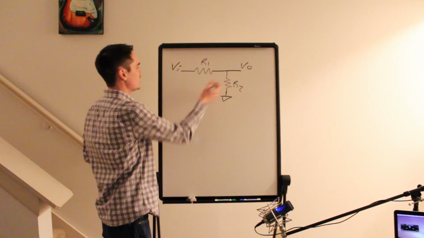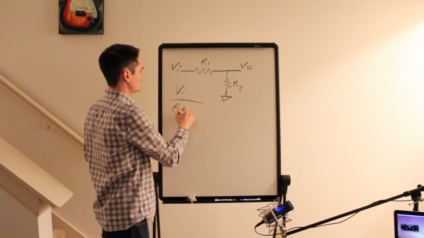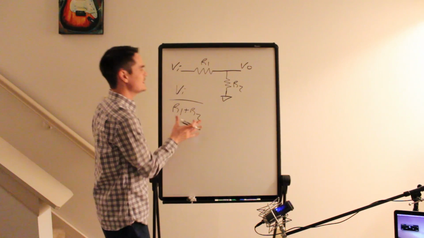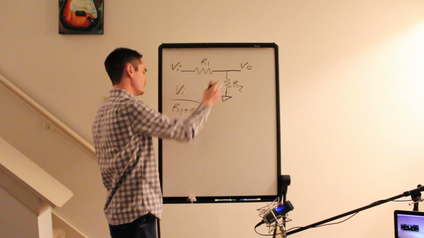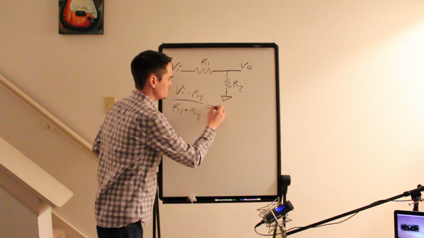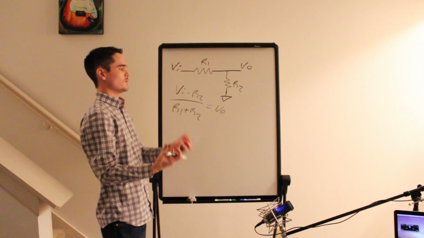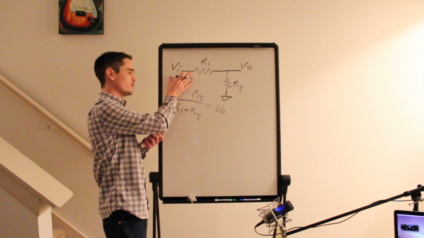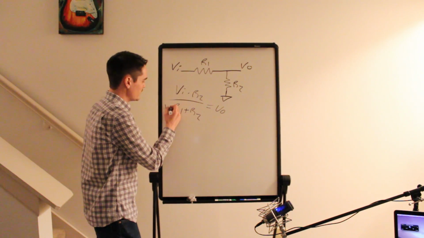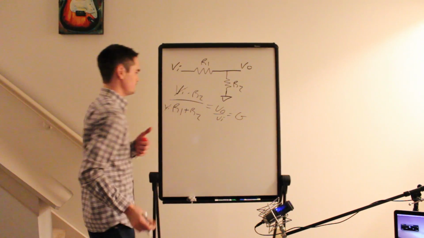You could just take VI and divide it by R1 plus R2. Now you have current. Take that current, multiply it by R2, that'll give you the voltage across R2, and that is equal to VO. Now, to get your gain, you always have to solve for the output over the input. So you could divide both sides by VI, and that's equal to gain.